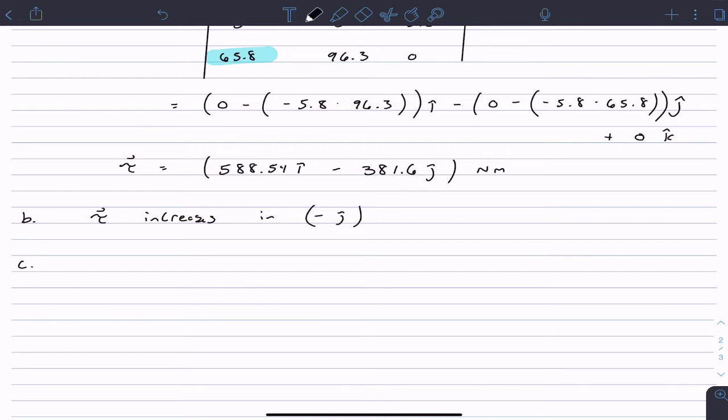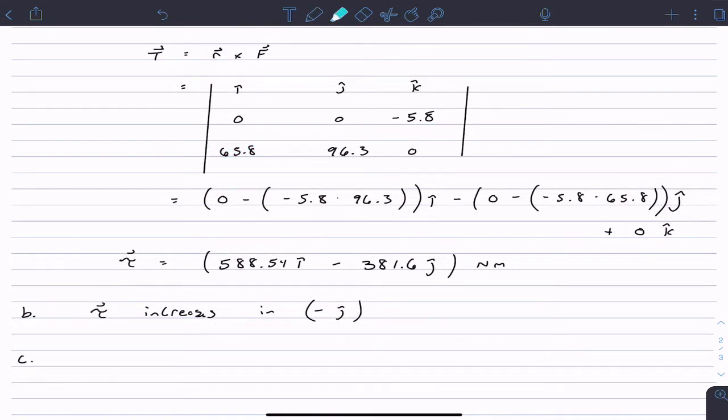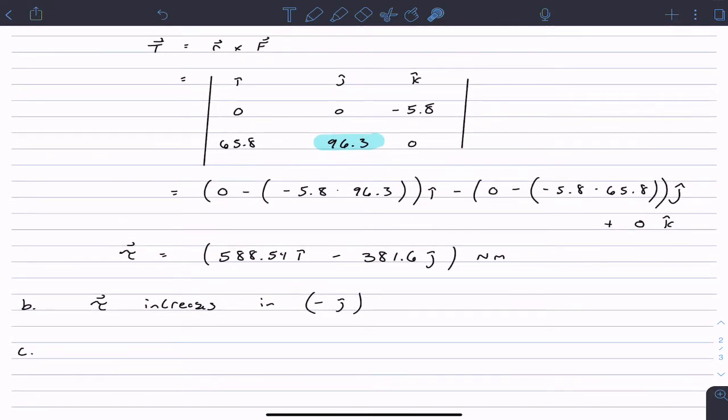Okay, part C. Similar question. What happens if y component increases and x remains constant? So if the y component increases, what changes? Well, where is this? Not here. J component is going to stay the same, and i component is going to increase in the i hat direction.